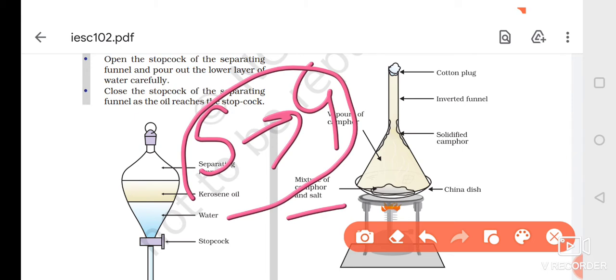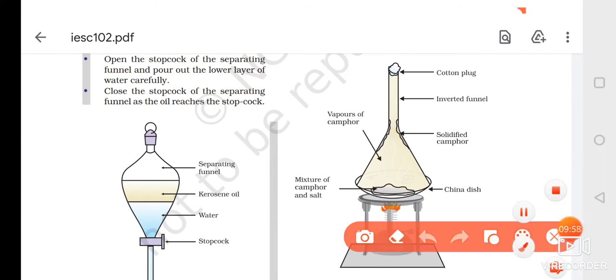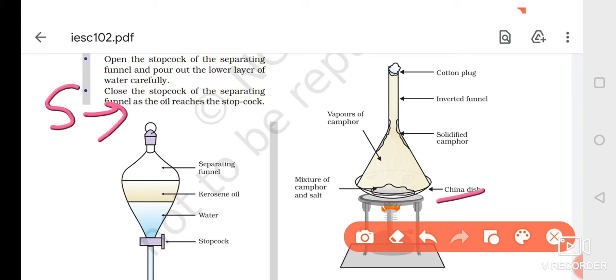Now this camphor has some impurities of salt, and I want to separate the camphor from the impurity salt. So I will take the mixture in a china dish, make a setup like this, place the burner, and heat the mixture. The camphor, being sublimable, will directly convert into gas.